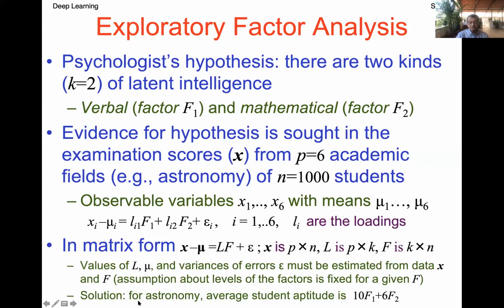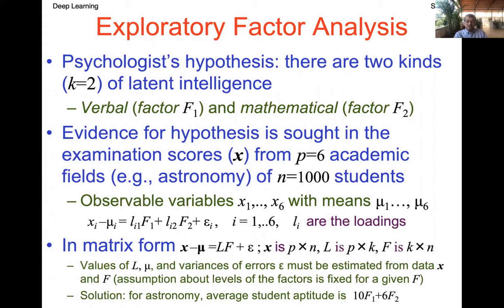And coming out of all of this would be saying astronomy has a loading of 10 on F1 and 6 on F2, with F1 and F2 corresponding to the verbal and mathematical factors. So verbal is getting a loading of 10, and the other one is getting a loading of 6.